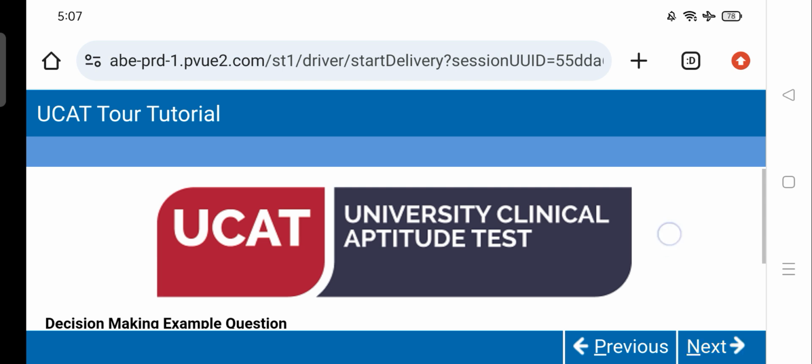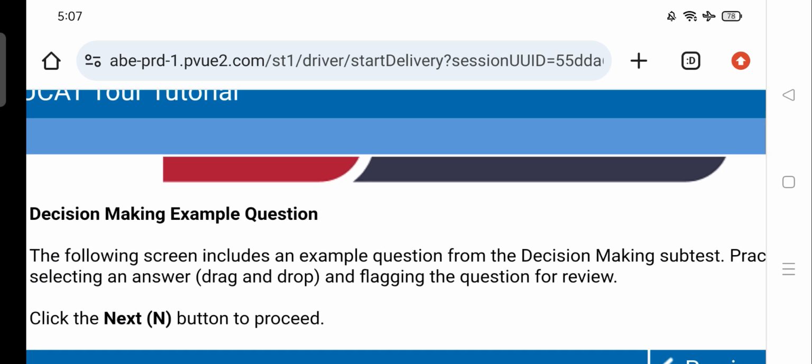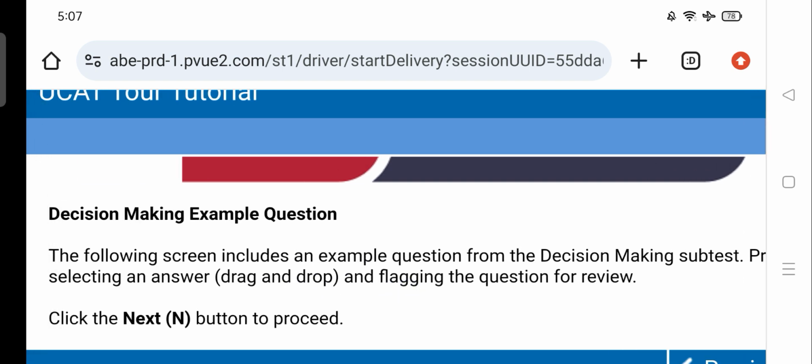Now move towards the next section, which is the decision making example question. The following screen includes an example question from the decision making subtest. Practice selecting an answer, drag and drop, and flagging the question for review.